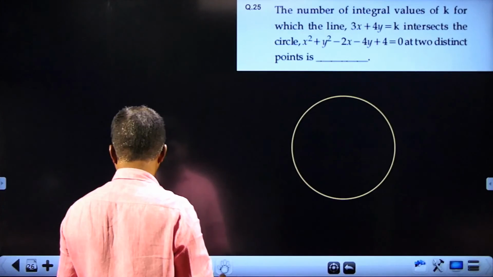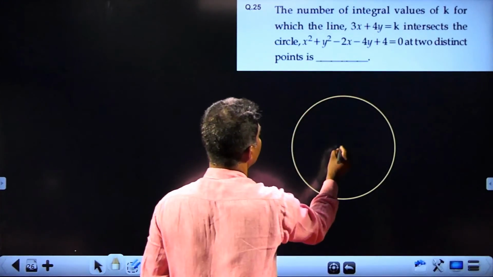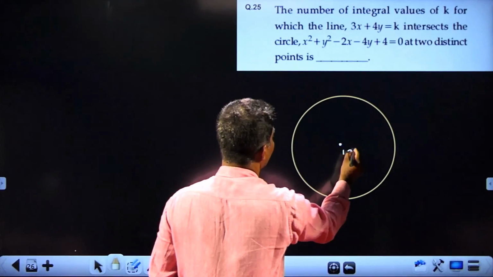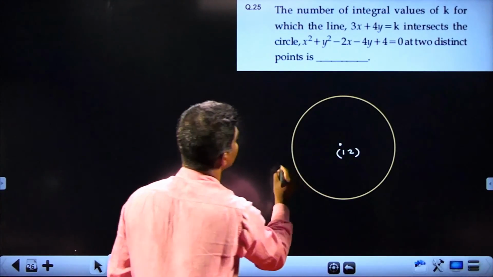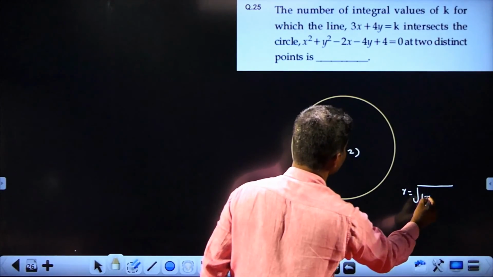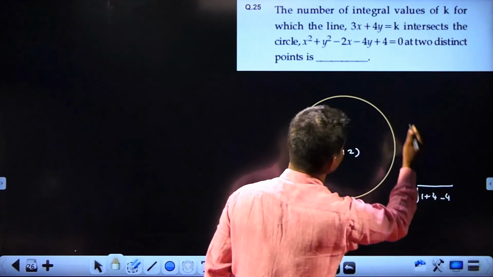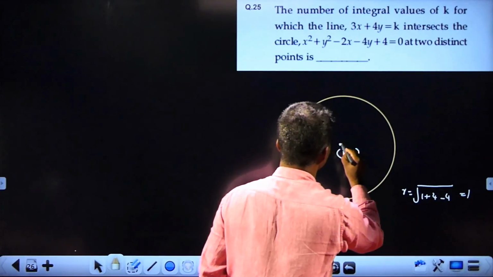The center is negative g, negative f, that is equal to 1, 2, very simple. 1, 2 is the center and what is the radius? Radius r is equal to root of g square plus f square minus c, that is equal to 1. Radius is equal to 1.